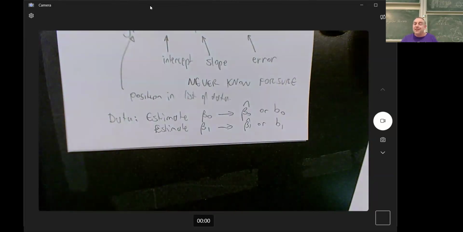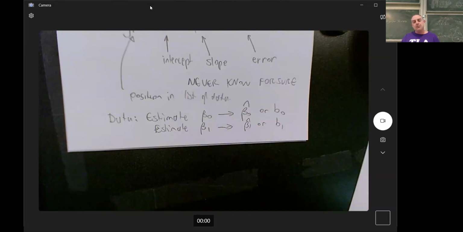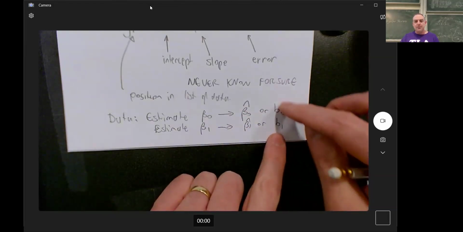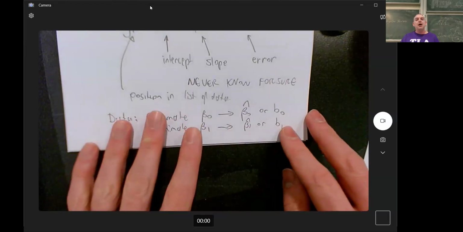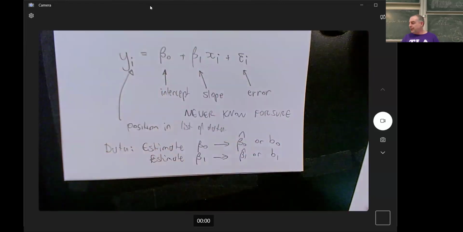As far as I can tell from reading the MyUni, they're the same thing. Could be wrong, but pretty sure this is the most official version. It may be that this b naught and b1 are just any old choice for what these could have been. But I'll talk that through in a second.